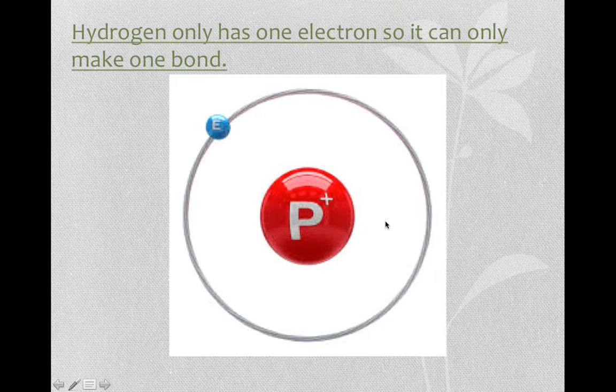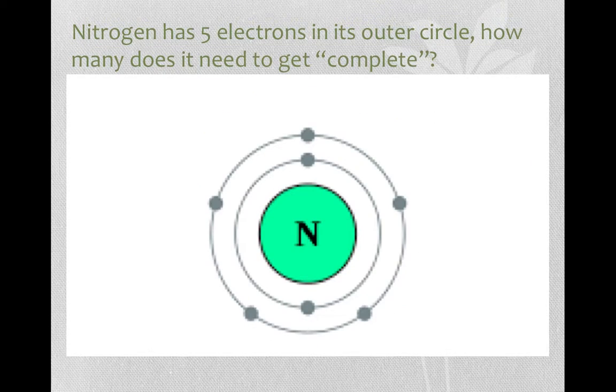It is not strong enough to pull even 1 other electron from another element. It's just not strong enough. So all it really does is get its electron taken. You don't have to remember the reason why. What you do have to remember is that hydrogen can only bond once. That's all hydrogen can do. So again, you want to have down that hydrogen can bond once.